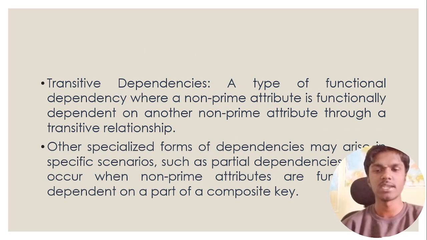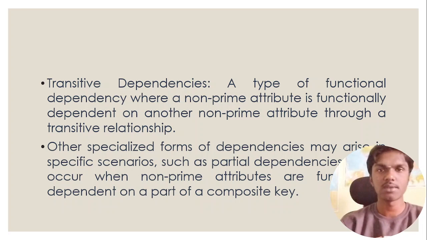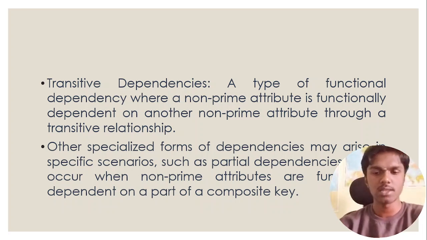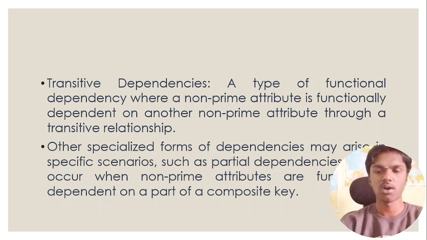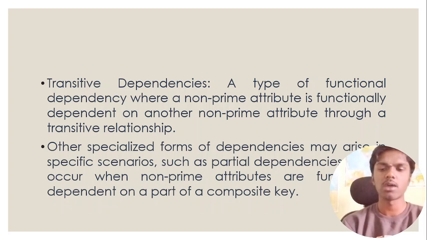Then, transitive dependencies. It is a type of functional dependency where a non-prime attribute is functionally dependent on another non-prime attribute through a transitive relationship. Other specialized forms of dependencies may arise in specific scenarios, such as partial dependencies, which occur when non-prime attributes are functionally dependent on a part of a composite key.